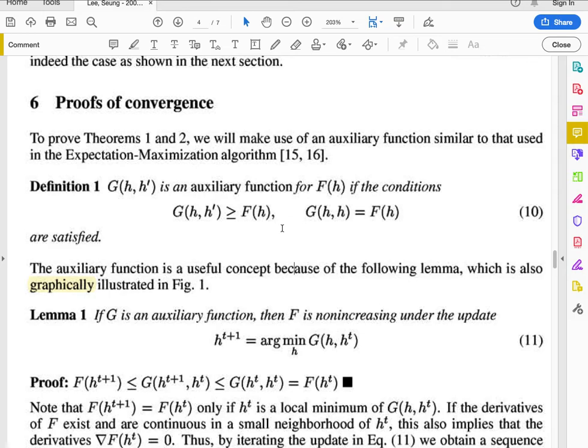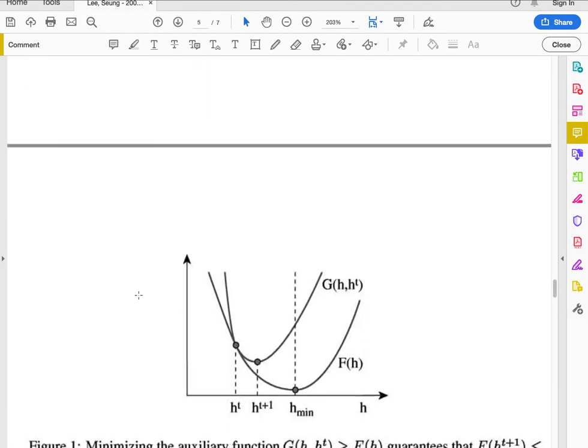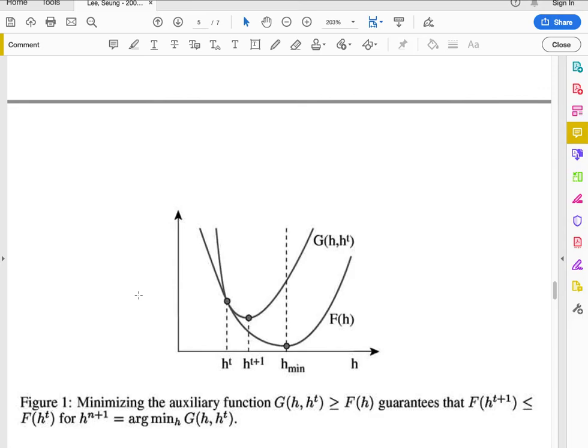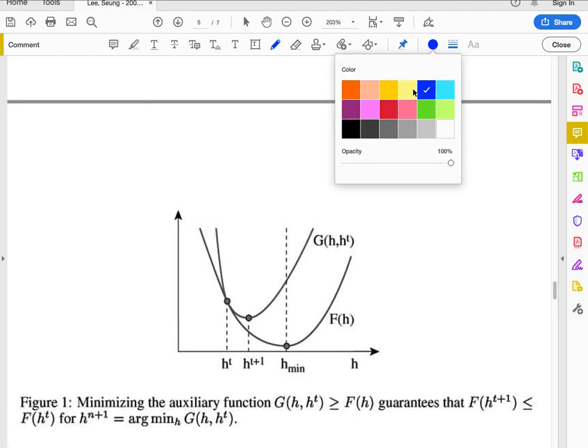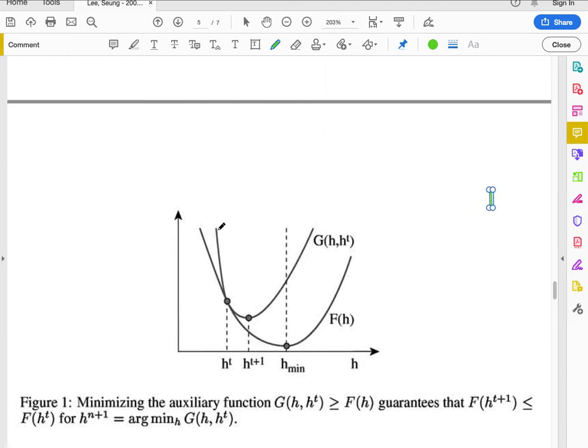G is always, okay, I'll show you this. This is graphically illustrated in figure 1. So this is a good representation. So this is your G, and it is always greater than F, right?